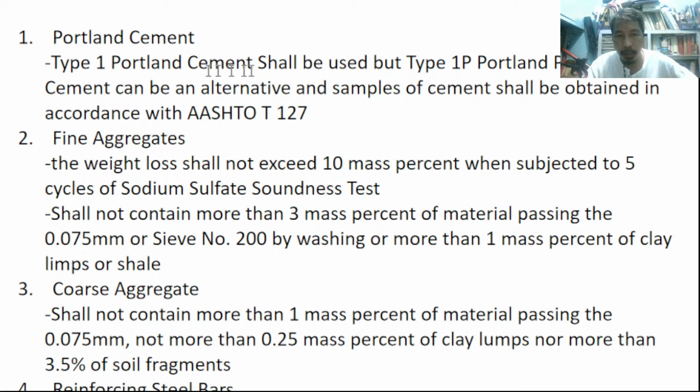Type 1 Portland cement shall be used, but type 1P, Portland pozzolan cement, can be an alternative. It shall be obtained in accordance with the AASHTO M85 standard. Number 2, fine aggregates. So these are the components of PCCP: cement, fine aggregates, coarse aggregates, reinforcing bars.